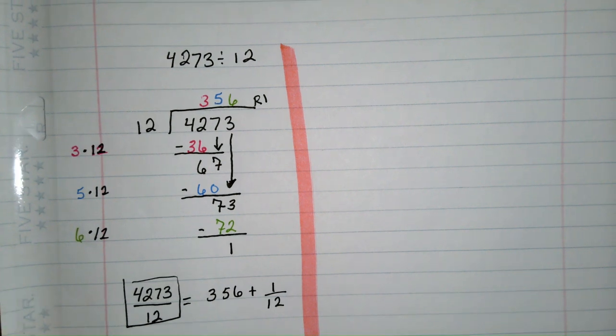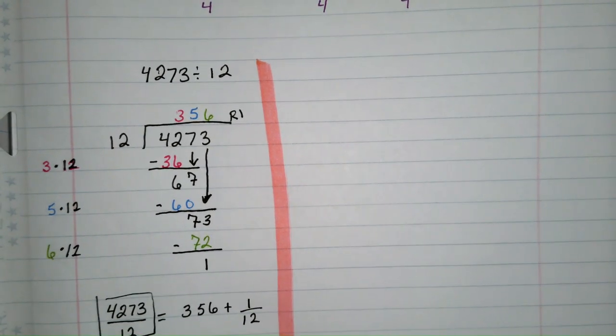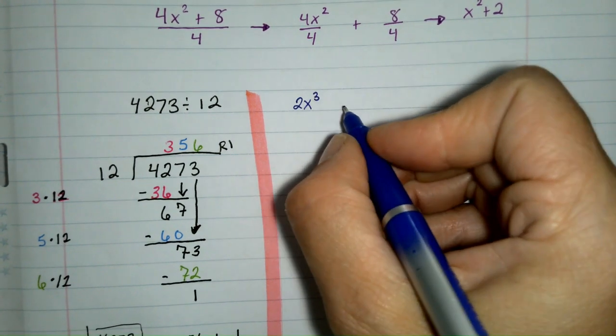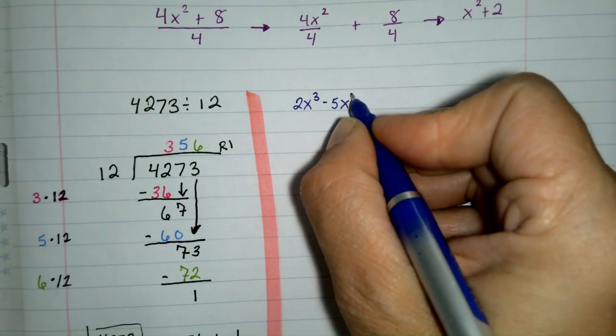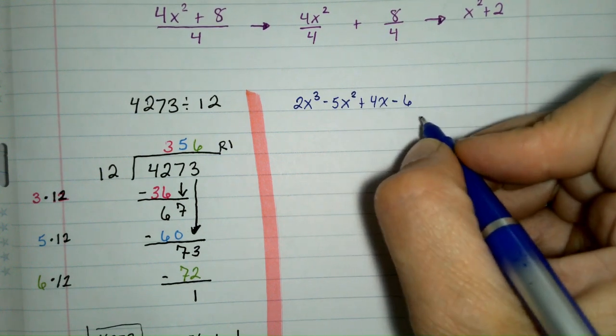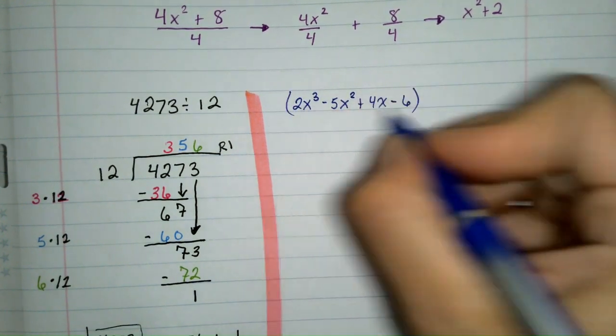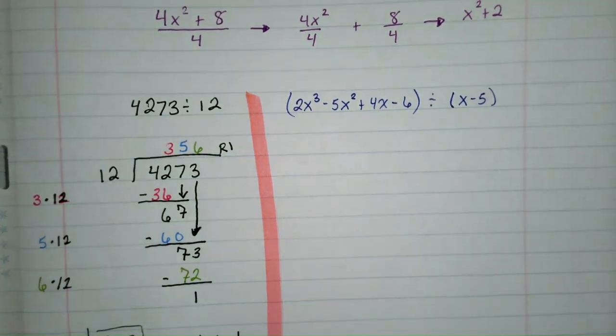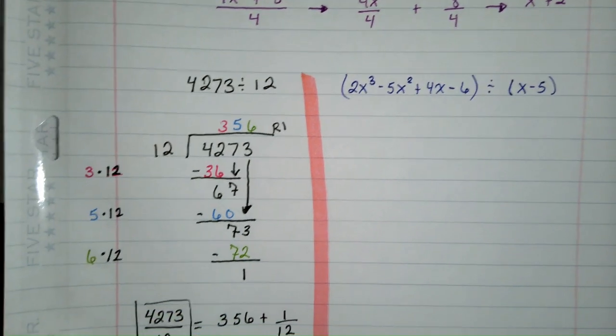Now we're going to do 2x cubed minus 5x squared plus 4x minus 6, and we're going to divide that by x minus 5. Whew. Okay.